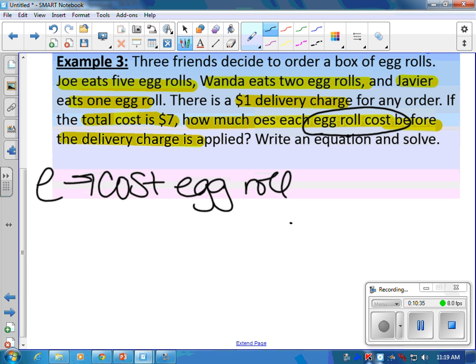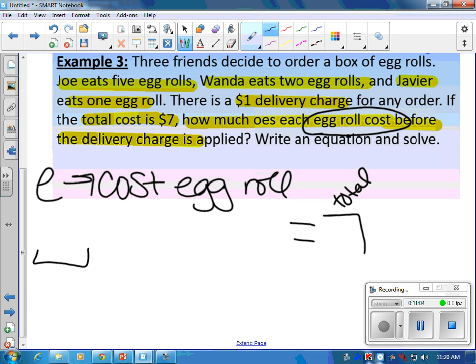First of all, I got to have an equal sign, and what is it going to be equal to? 7. So it told me my total cost was 7. So my equation is probably going to be equal to 7, because that's my total cost. So now, what do I need to put together to get to a total of $7? Okay, so how am I going to represent, let's see, I've got 3 people.